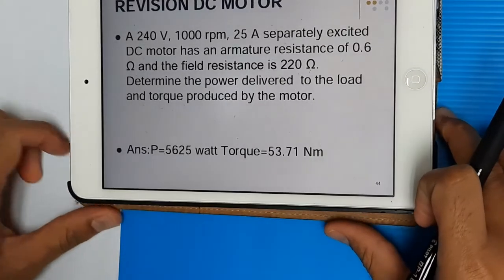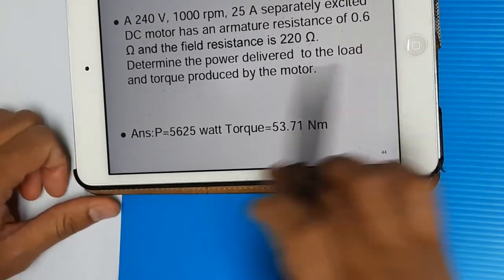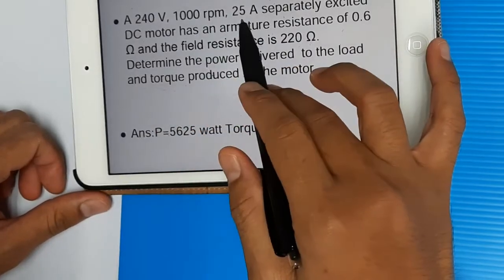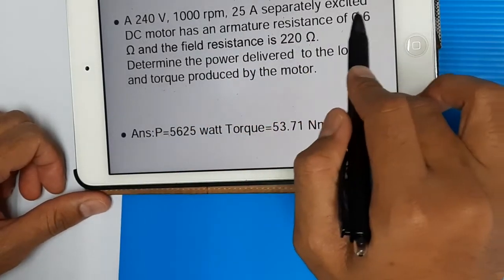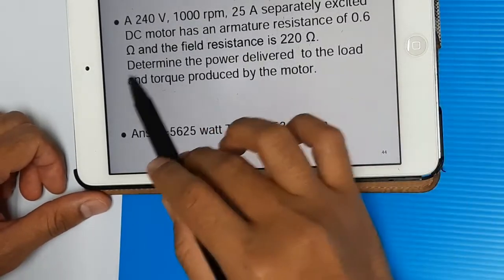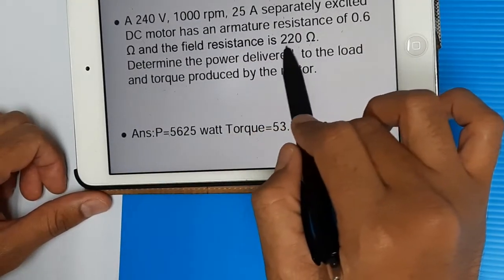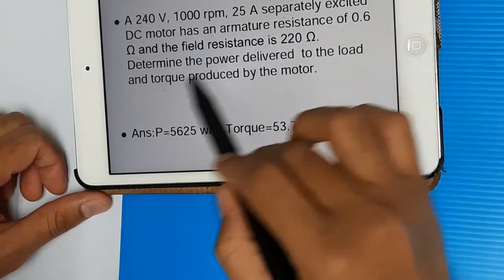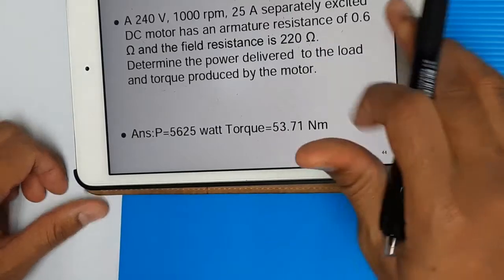Let's read the question first. A 240 volt, 1000 rpm, 25 ampere separately excited DC motor has an armature resistance of 0.6 ohm and the field resistance is 220 ohm. Determine the power delivered to the load and the torque produced by the motor.